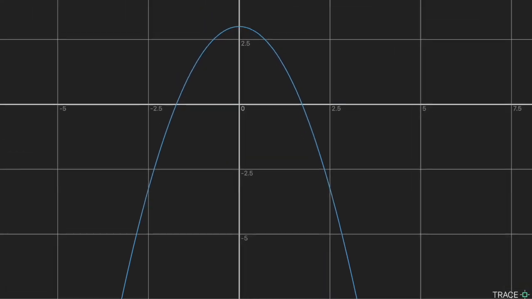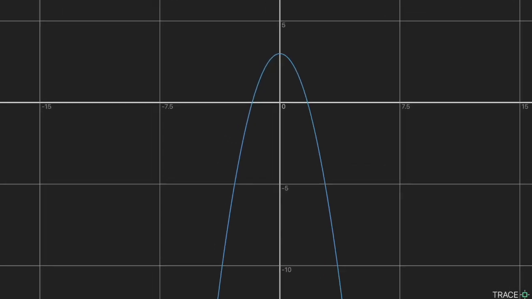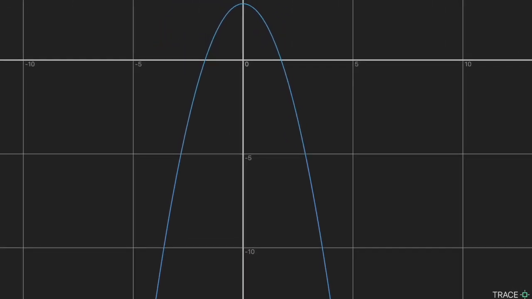But this is enough to tell us that it's a parabola, and the domain, the x values, you can imagine this thing goes on forever in the negative direction and forever in the positive direction. This is just x values. So our domain is going to be all real numbers. Again, we have a cute little symbol for that.